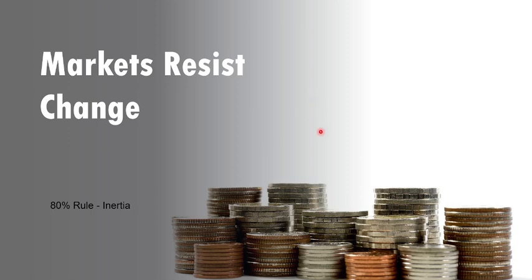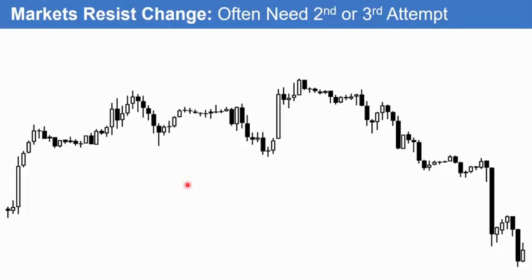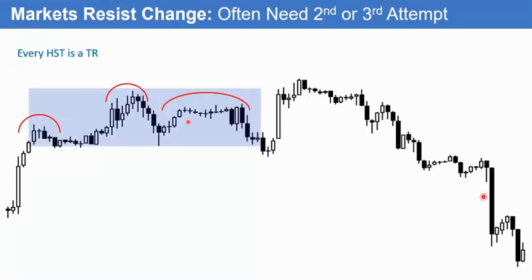It wants to continue ranging. If they are trending, most reversals fail until finally, ultimately one succeeds. Let's look at examples. Look, this is a head and shoulders top that fails and then creates a head and shoulders top here and succeeds.